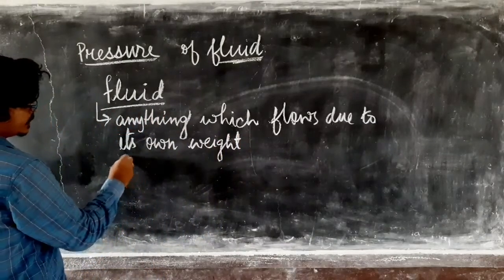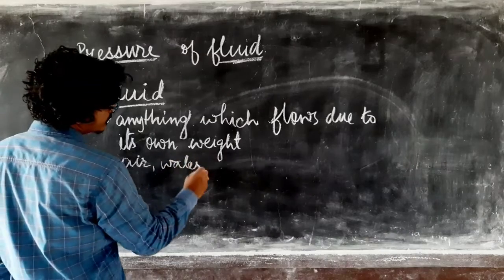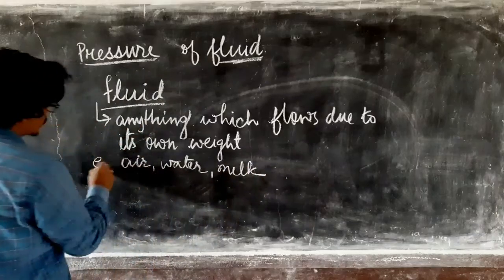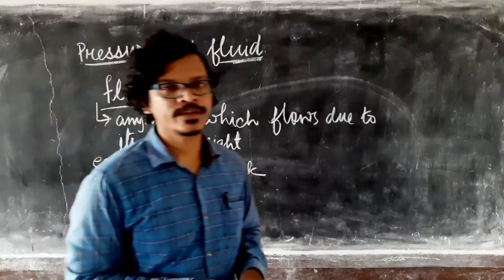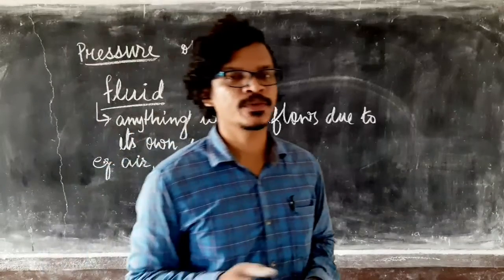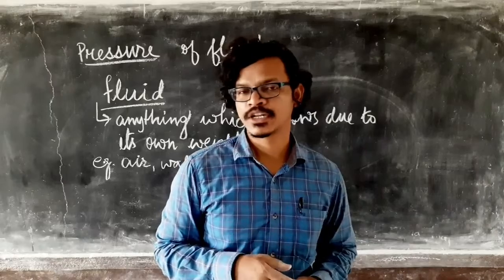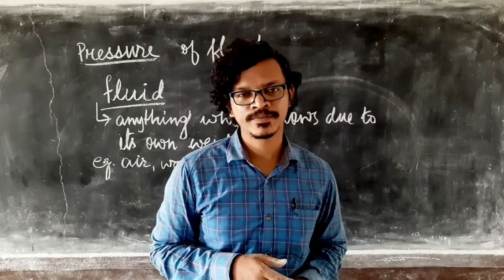It can be either air or water or milk or anything. These are all examples of fluid. Fluid is basically anything which flows due to its own weight. So if you look at your surroundings, examples of fluid are air, water, milk, oil.